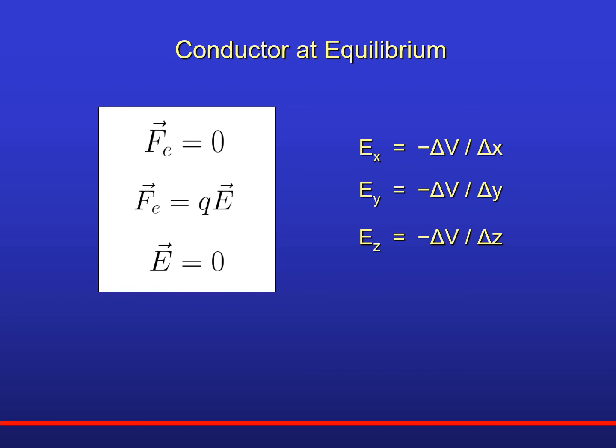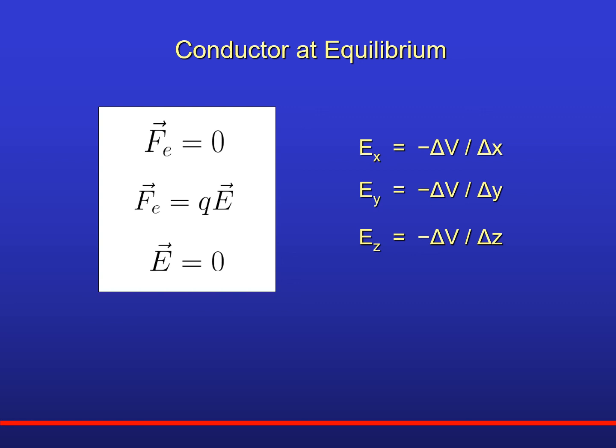Therefore, the electric field in each direction, E sub x, E sub y, E sub z, depends upon voltage changes. If there is no electric field, and that's the vector E with an arrow equals 0, it means the vector is 0, all the components are 0.